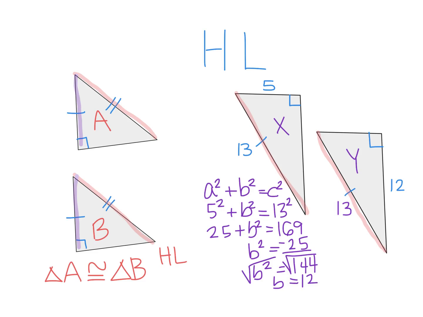So notice that now, by digging further using the Pythagorean theorem, I see that I do have a side length of 12, which matches up with my other triangle Y. That means that these two triangles are congruent to each other. So I could say triangle X is congruent to triangle Y, and I know this because of the hypotenuse leg postulate. Okay, I hope that was helpful and gave you more clarity with these two postulates.